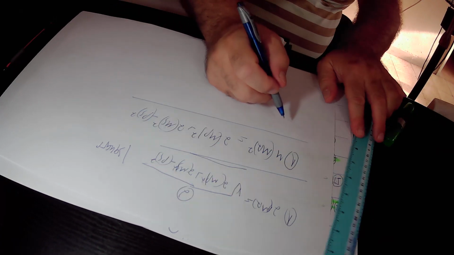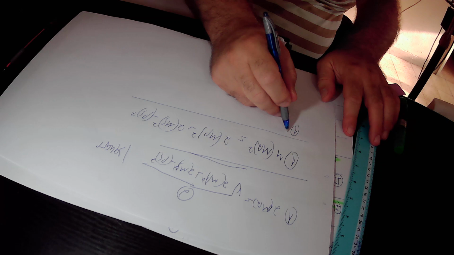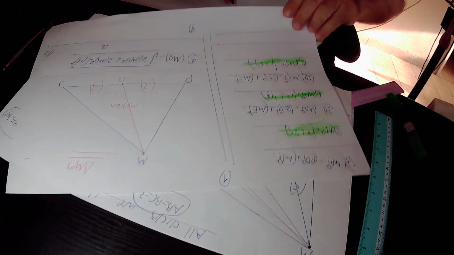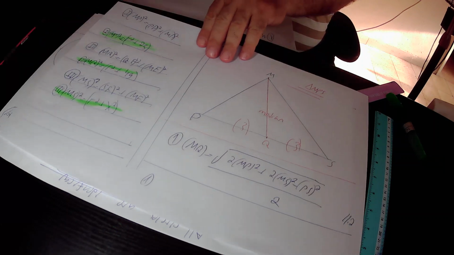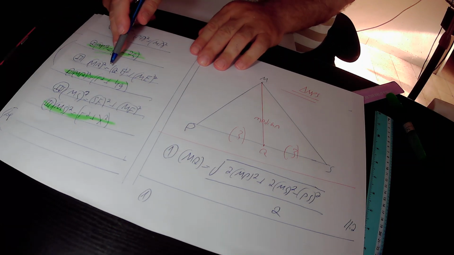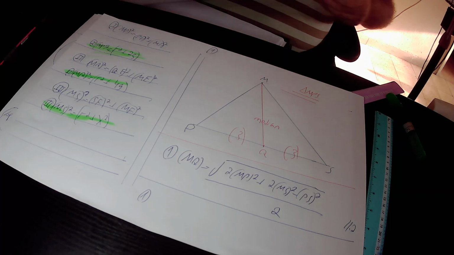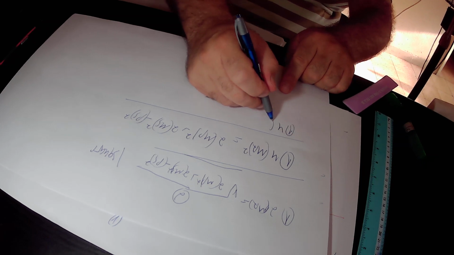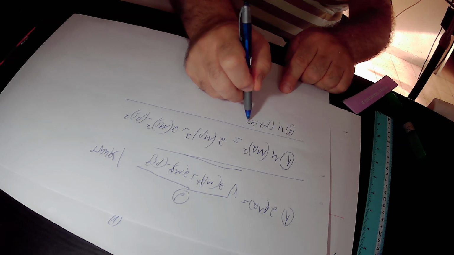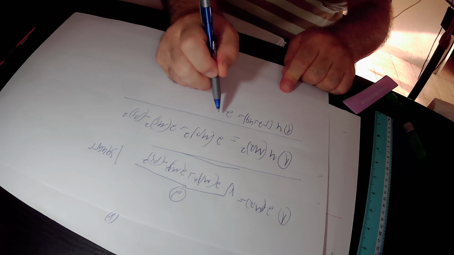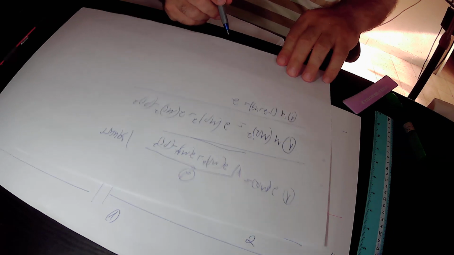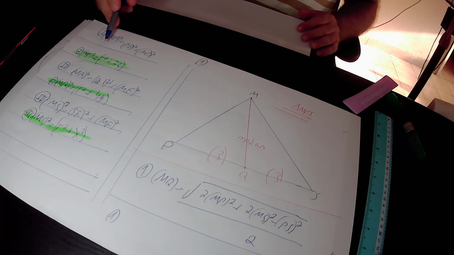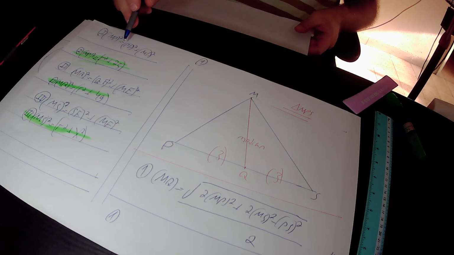So according to equation 1, we found out that 4 times MQ squared equals that expression. According to equation 2, MQ squared equals r squared plus 49. Therefore, we substitute MQ squared here by r squared plus 49, and it is equal to 2 times MP squared. According to equation 1, MP squared equals r squared plus 25.